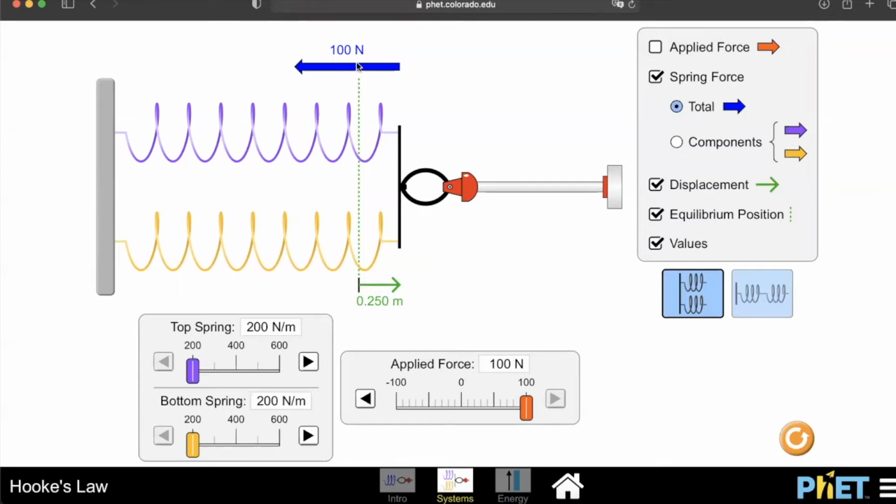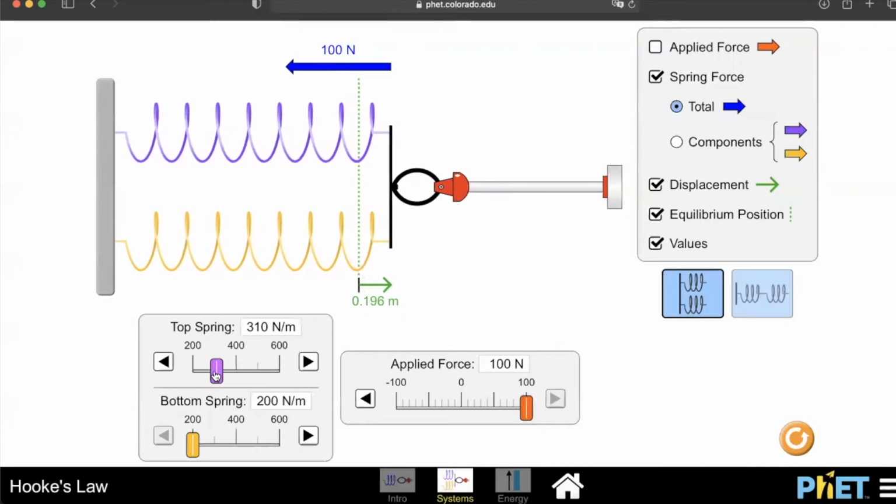You can calculate the total spring constant by dividing 100 by 0.25, and that will give you 400. And you might notice that 400 is equal to 200 plus 200. Now, if we change one of these spring constants to 300, then you will notice that 100 divided by 0.2 is 500, which is still the sum of these two.